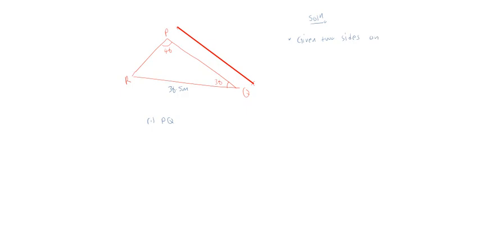If you are given two sides and one angle inside a triangle, we apply the sine rule.